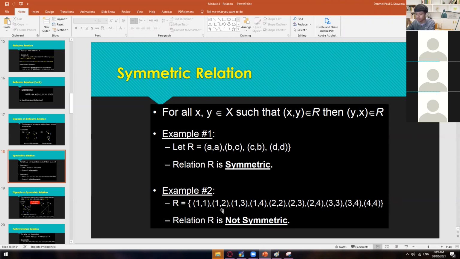If there is one ordered pair that wasn't able to follow this rule or condition, then that one is not symmetric anymore. So you could say that this one is anti-symmetric relation already. One ordered pair is already enough, so you don't need to check everything. Did you guys get example number 2?